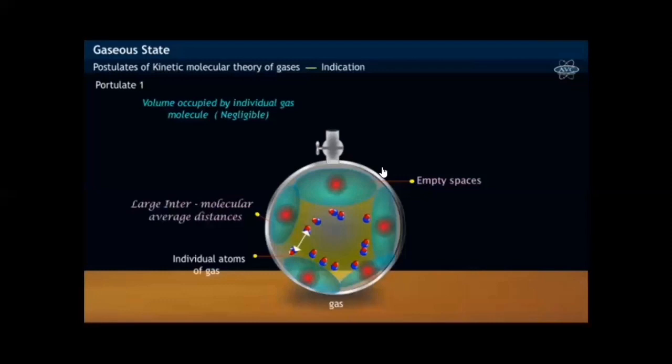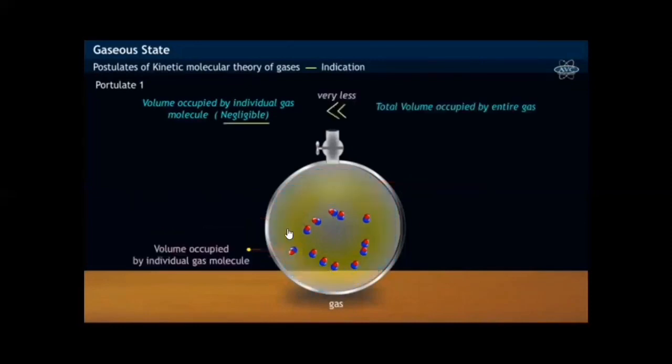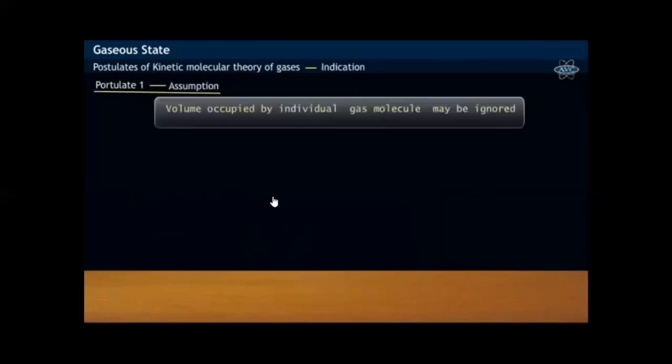You see here, the distance between the molecules is large compared to that of solids and liquids, and hence the force of intermolecular attraction is negligible. So this is the first assumption.